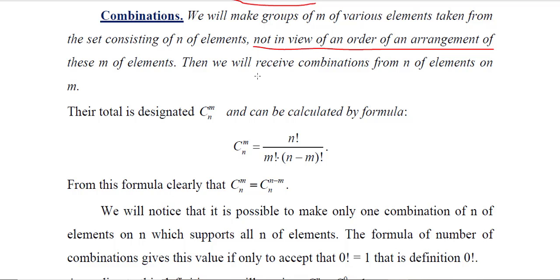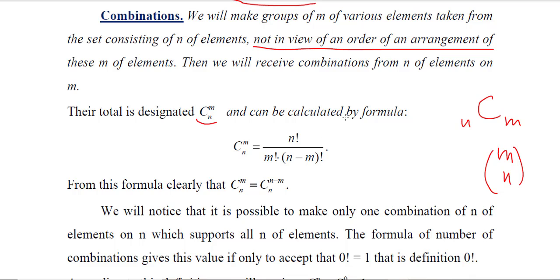Then we will receive combination from n elements on m, and we will denote it by this symbol, or we can write C n m. We have many notations, or just n m in brackets; they are the same.